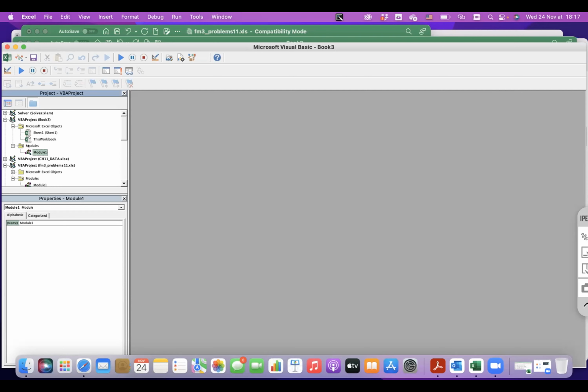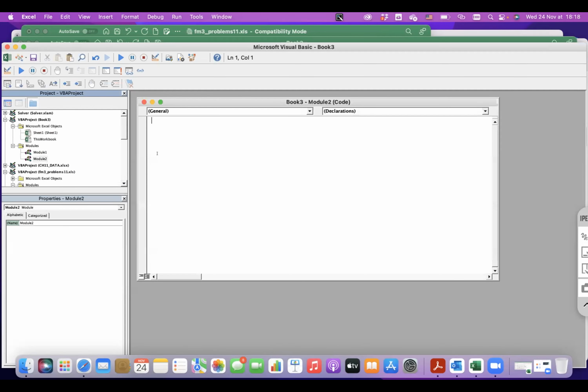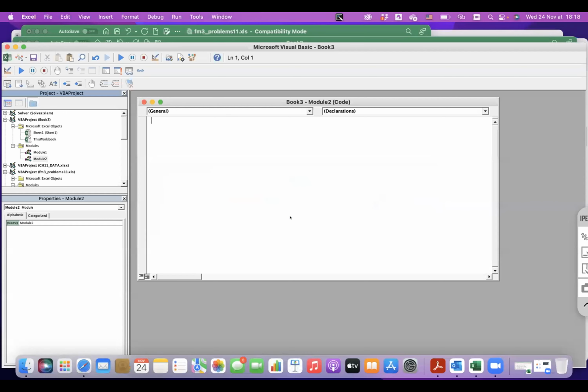So we go here once again, sheet 1, double click on it, insert new module. Then we go back to Excel and select the t-slope function. Same thing, we copy, go back to Excel, paste, and close the box.